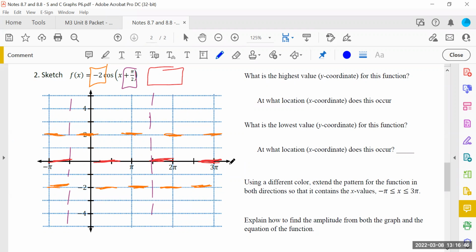The negative means instead of starting high, I'm going to start at the bottom. Start low, and then go up. That's exactly right, Michael. So here we go. Start down here. Lowest point, then equilibrium, then maximum, then equilibrium, then minimum. Again, it looks like a V. Don't graph it like that. Make it that curve.